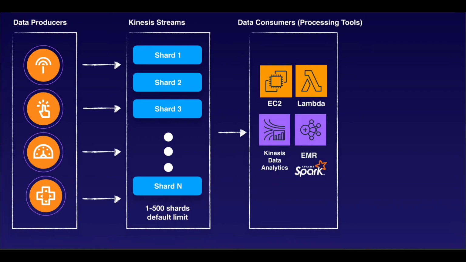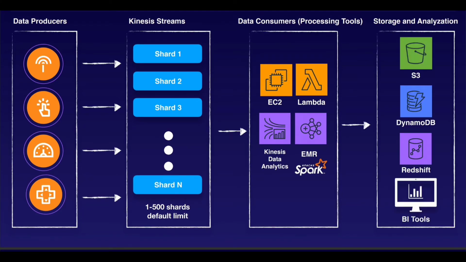Once the data is contained within a shard, then we use data consumers to process or analyze that data. Data consumers can be things like EC2 instances, or Lambda functions where we can do real-time ETL processes. We can also use another tool within the Kinesis family called Kinesis Data Analytics to run real-time SQL queries on our streaming data.